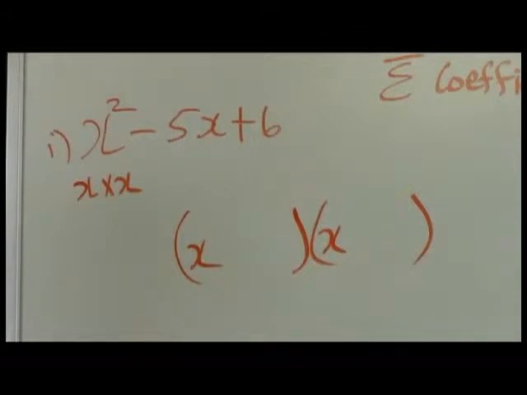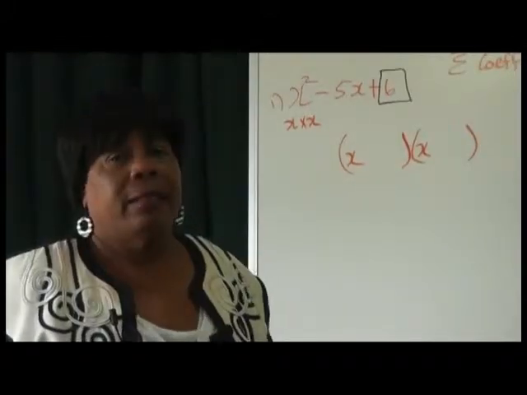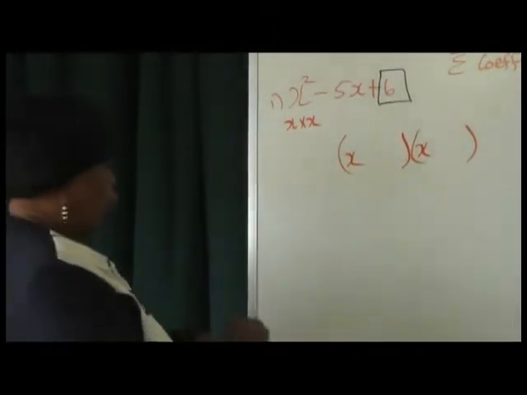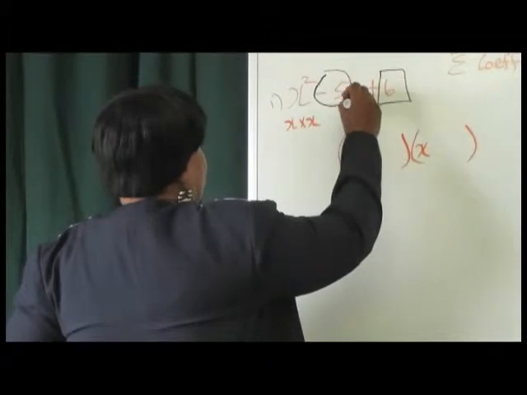The other term that we have to use is our constant term, which in this case is our 6. We have to look for the two factors of 6 which we can multiply together, and when we add we can get the middle term, the coefficient of the middle term.